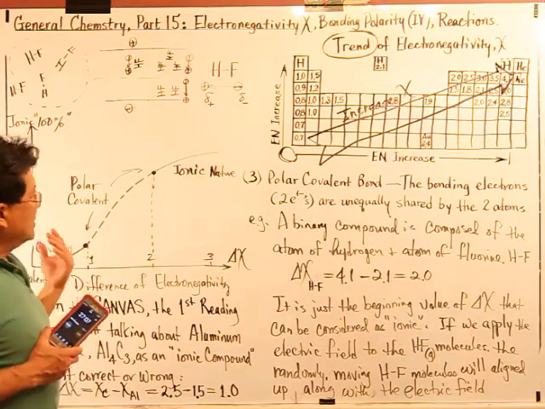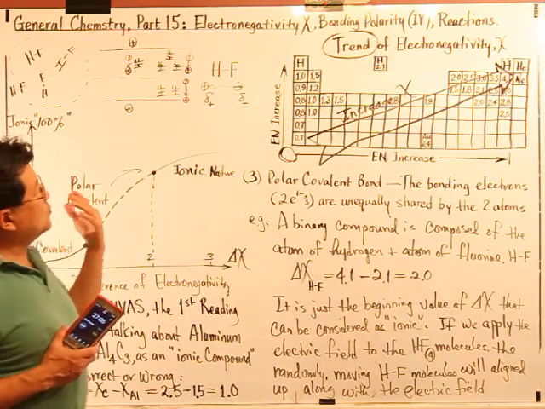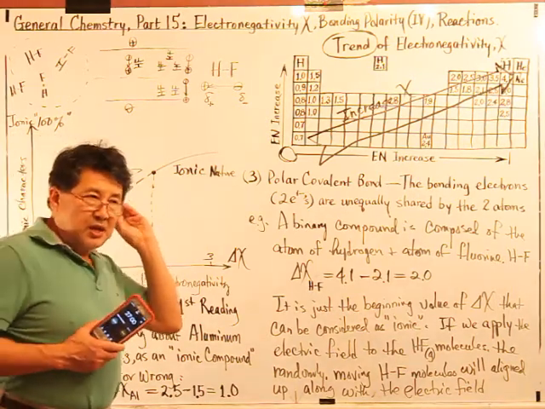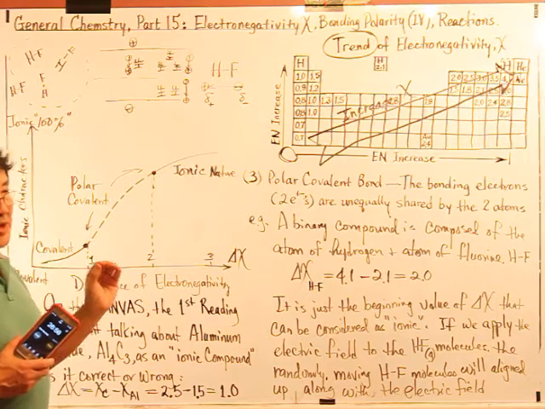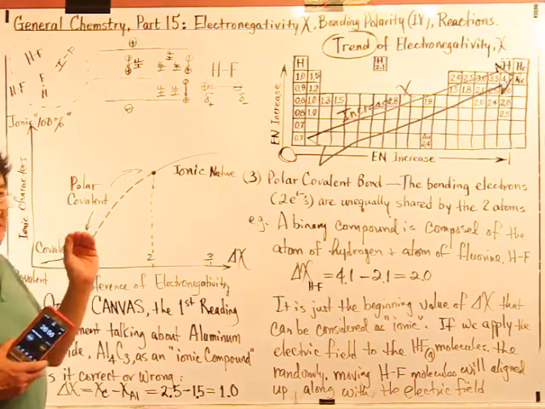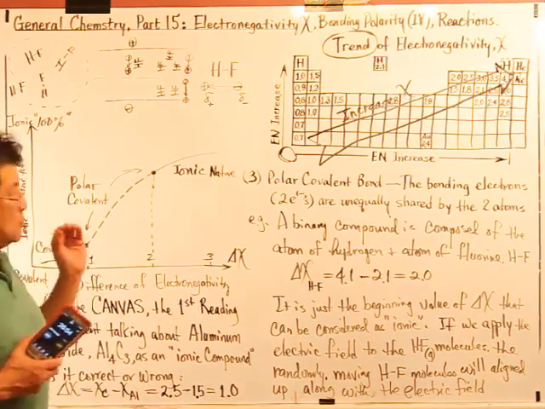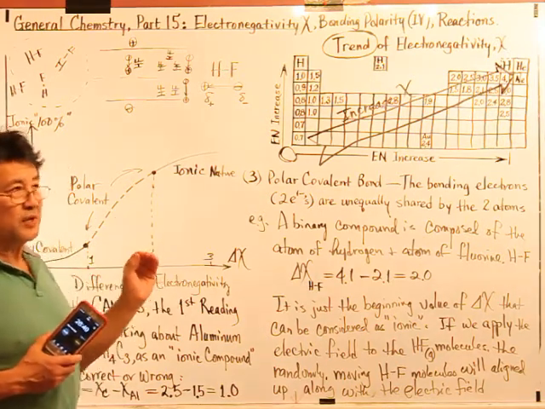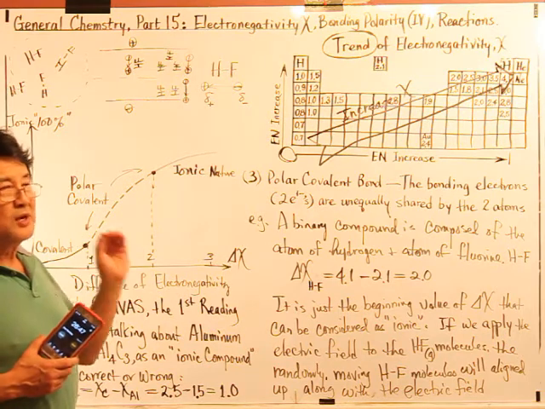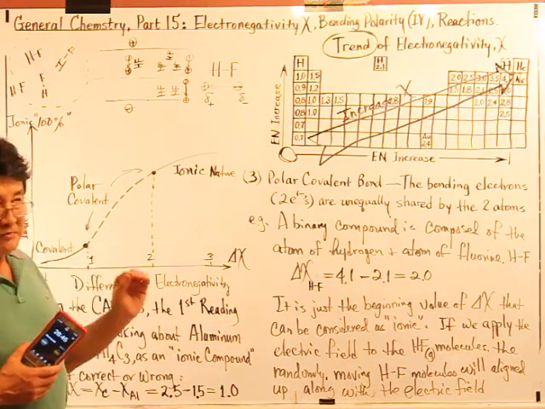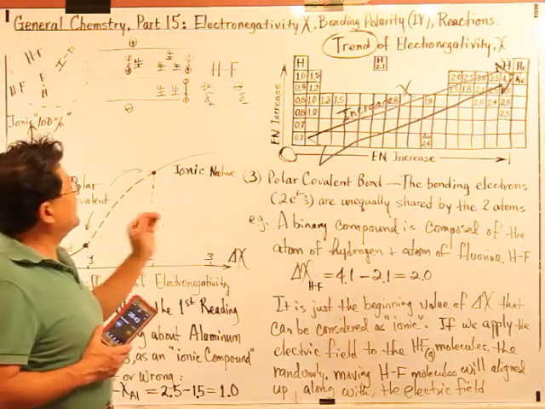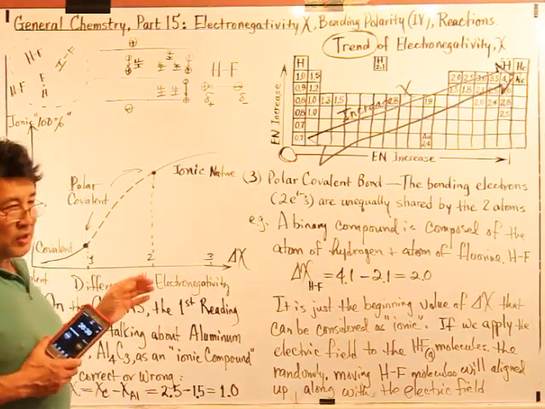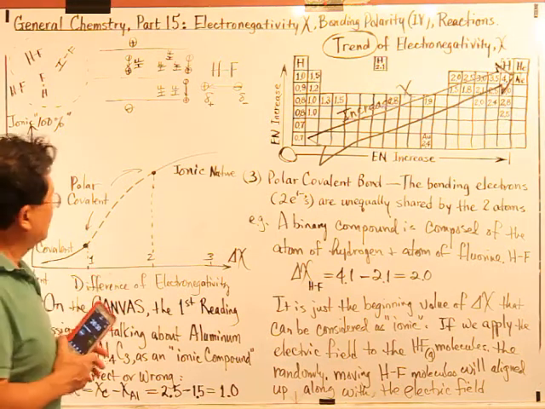And if you approach the upper right corner, which is close to the non-metal region, the elements in that region normally have electronegativity larger than 2: 2.5, 2.3, 3.5, 4.0 for fluorine. Some periodic table authors give 4.1. But the lowest is 0.7, down in the lower left corner of the periodic table, right?